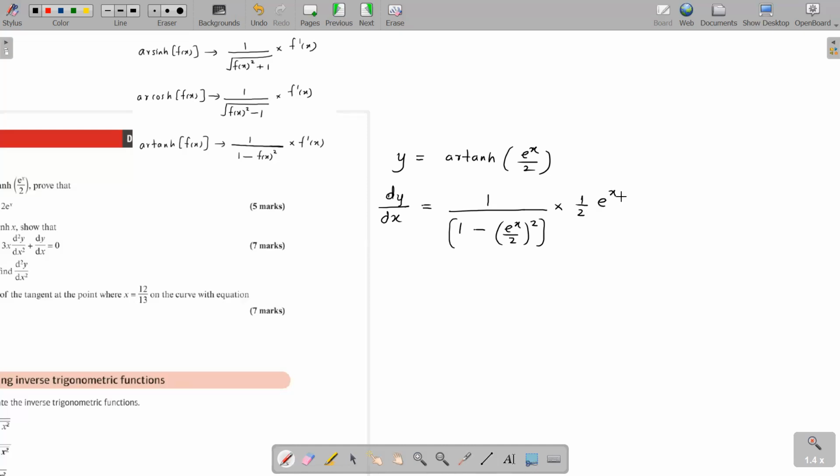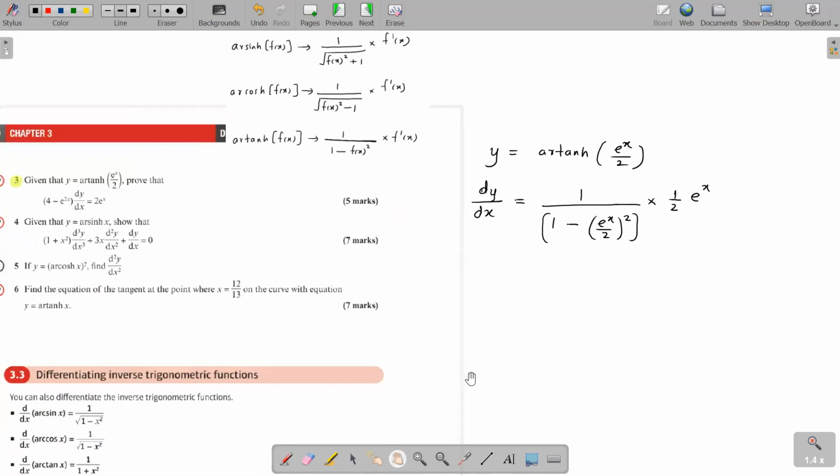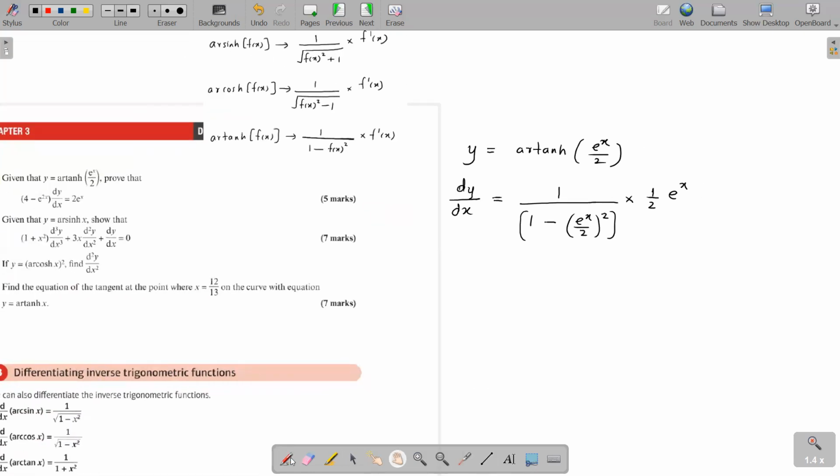So basically it's half times x, and the differentiation of x is 1. Now all you need to do is rearrange the equation and get the show that. So let's rearrange. I get here dy by dx equals 1 over root of 1 minus x squared over 2 squared, which is 4, right? 2 squared is 4. And then that whole thing into half. So work on this.